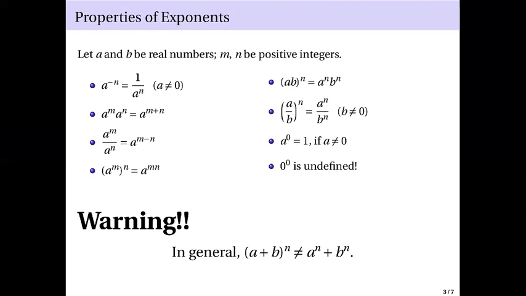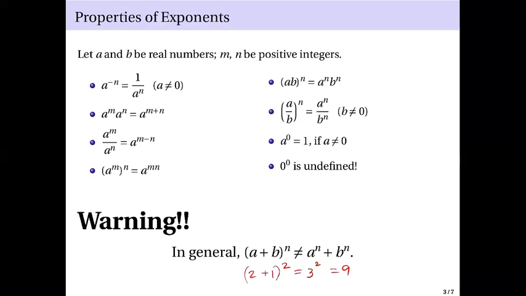If we just look at this, for example, you have 2 plus 1 raised to n. Or let's make this simpler: 2 plus 1 squared. Of course, you have the parenthesis, so you add 2 and 1 first. This is equal to 3 squared, which is 9.